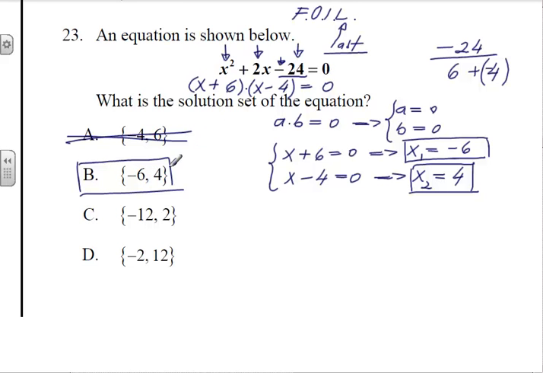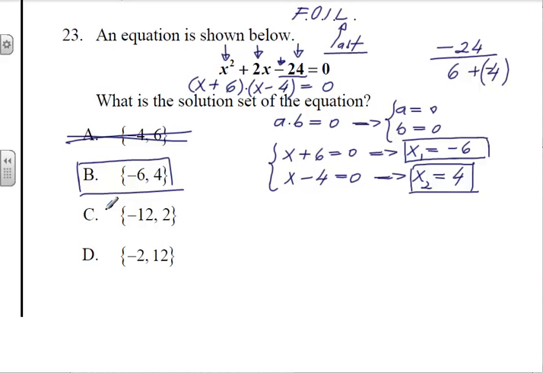If it checks out, if you find 0 equals 0, that negative 6 is good. Then you take 4 and substitute it for x, and see 4 squared plus 2 times 4 minus 24 equals 0. If that is true, if you have 0 equals 0, definitely, then 4 is also a solution. You may say, yeah, B is the answer.